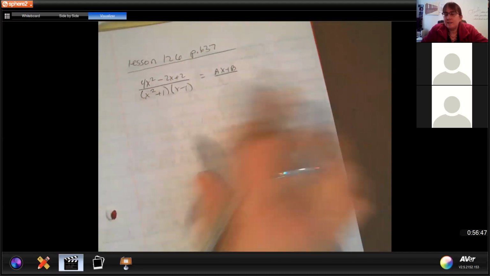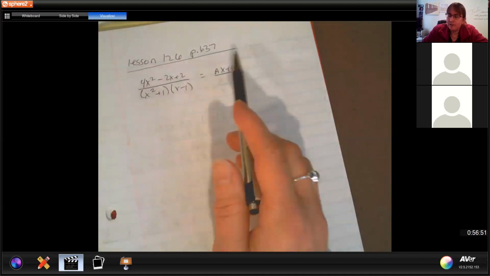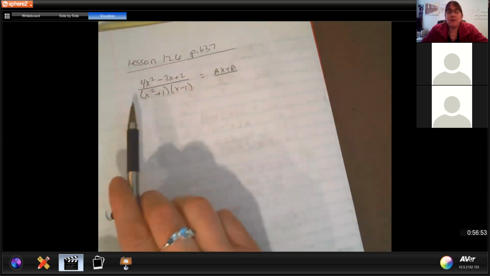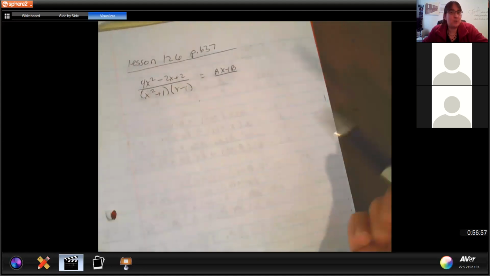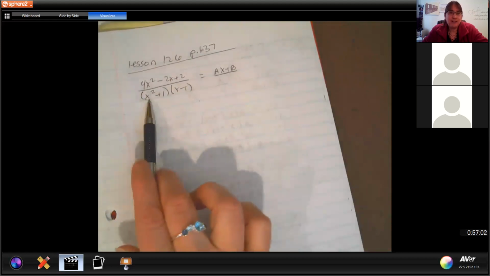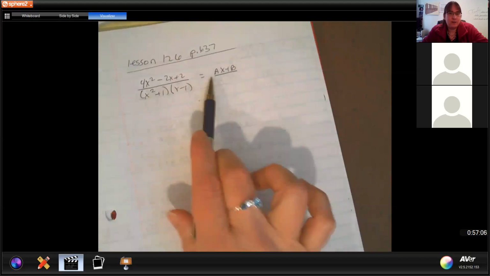So we always do 1 degree less in the numerator than the denominator. So typically we were only having 1 degree in the denominator. It was an x minus 1, x plus 3. And so our numerator was just a, b, and c. Now if we have a 2 degree in our denominator, then that means our numerator needs a 1 degree.